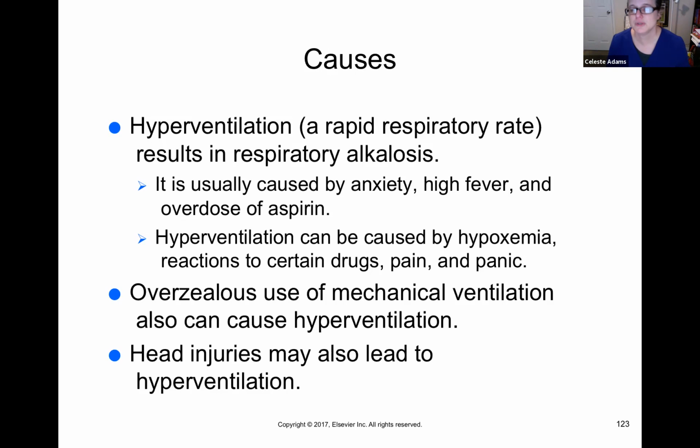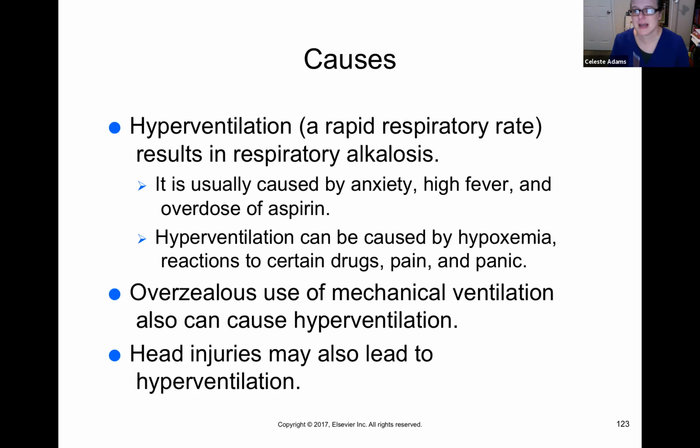Low CO2, respiratory alkalosis, is usually caused by anxiety, high fever, and an overdose of aspirin. I'm not 100% sure what aspirin has to do with it; I'll have to look that up. But I know that as somebody that has anxiety, you breathe super quick.